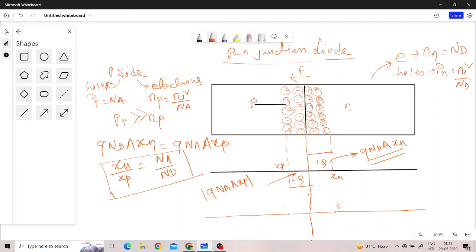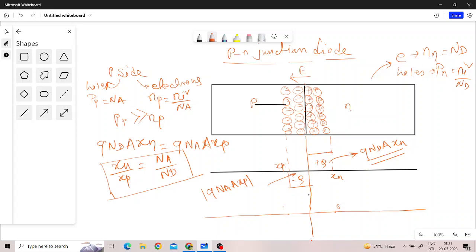Now how will we determine the value of the electric field? Just place a unit positive charge here. If you place a unit positive charge here, the positive ions will repel it and the negative ions will attract it.